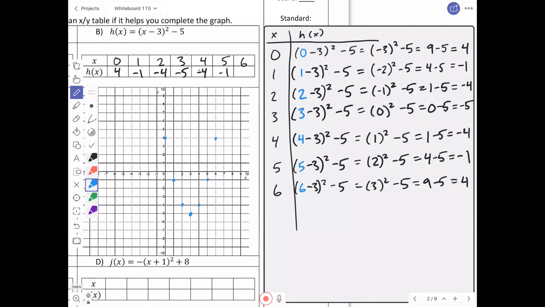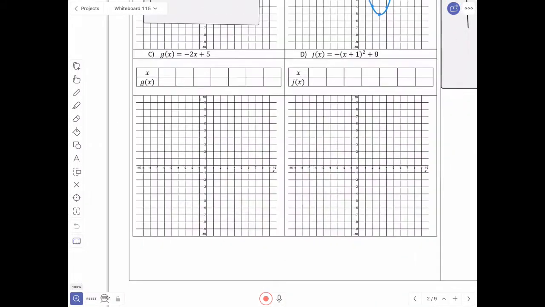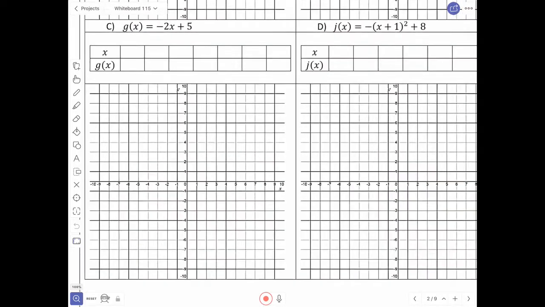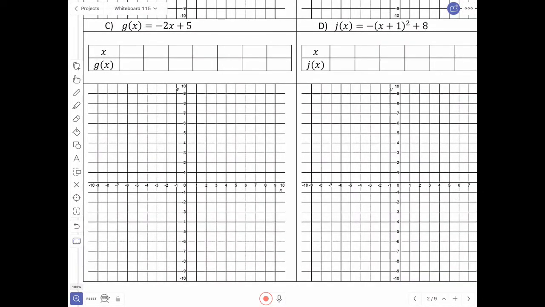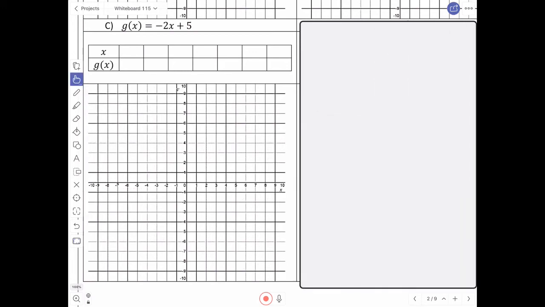So I have this function there. Okay, and moving on to part C. And again, I'll need to make a little room with a box over here.